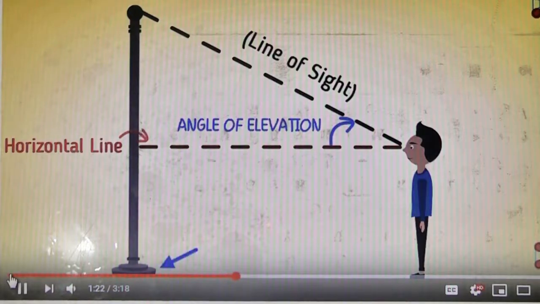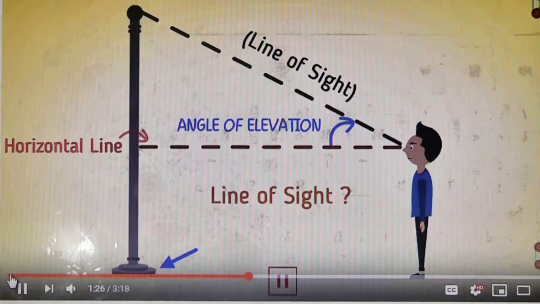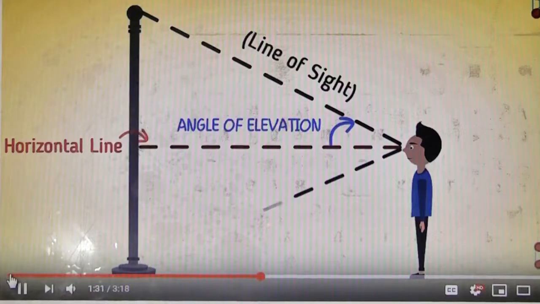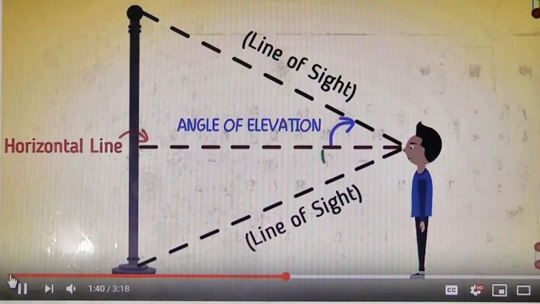Now if the person is looking at the bottom of the flagpole, here is the line of sight. So the line of sight is straight forward to the bottom of the flagpole, and when this line of sight makes an angle with the horizontal line, this angle is called the angle of depression.